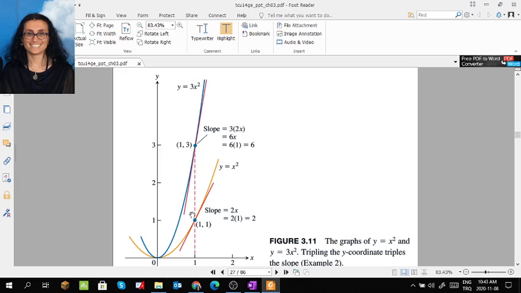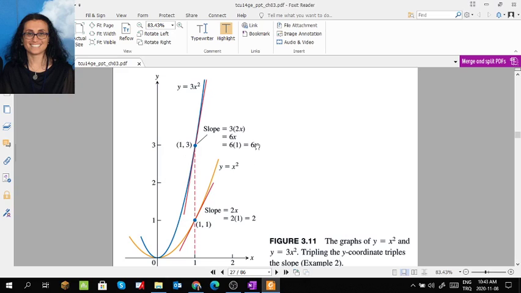So the slope of this, as you will see, it is steeper. Slope of this tangent line is steeper, so slope is bigger, we expect. So slope is 6. On the other hand, y is equal to x squared has slope 2 at the same point 1. So the tangent line for 3x squared is steeper than the tangent line for y is equal to x squared, which you can see from the slopes as well.